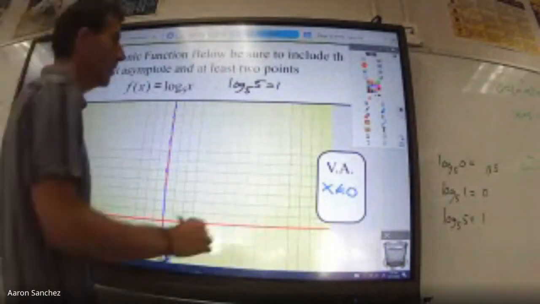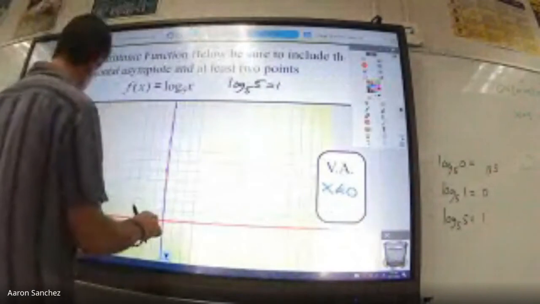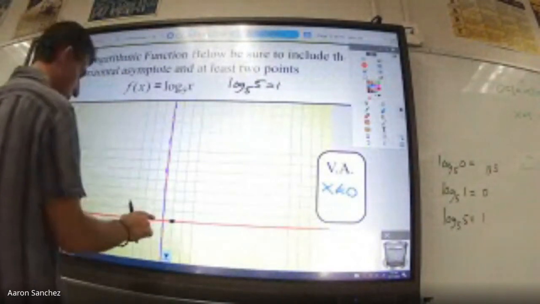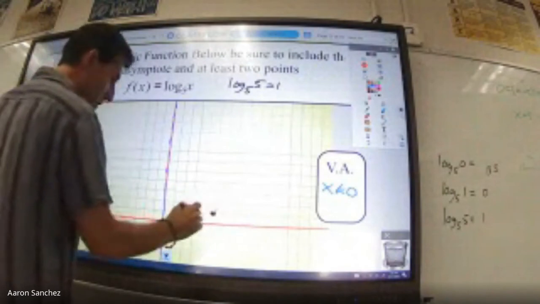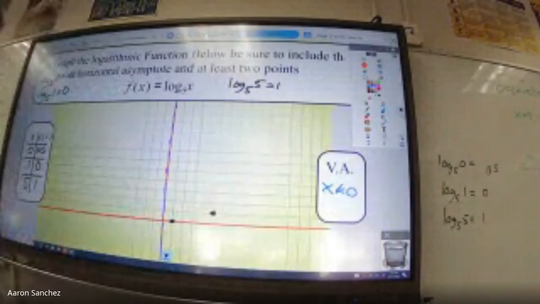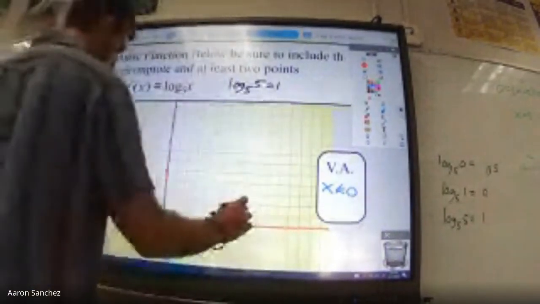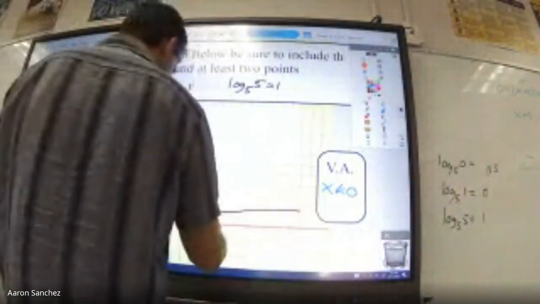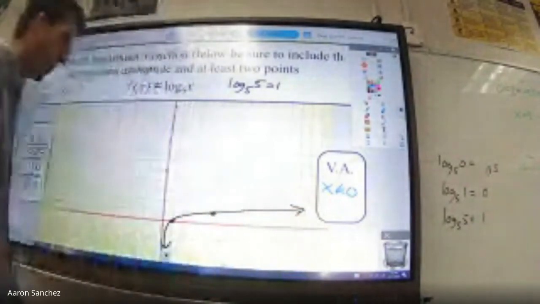And then I will go, okay, I got 1, 0, which is this right here. And then 1, 2, 3, 4, 5, 1, which is that point right there. And then I'm just going to connect them. Hug that asymptote. And that's all you've got to do.